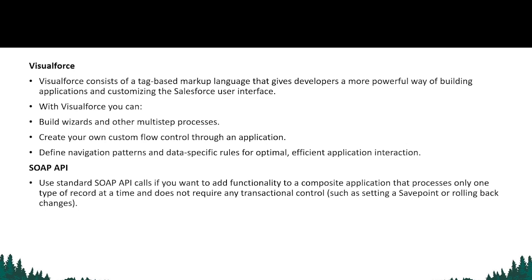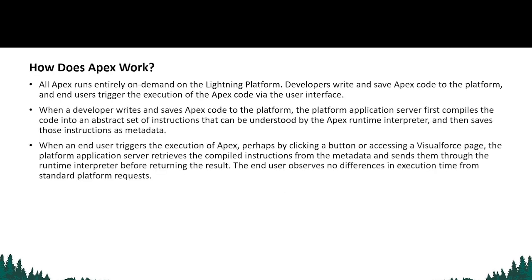Here the transactional control is not required. Why? Because transactional control contains many records at a time. So here the SOAP API is accessing only one type of record at a time.